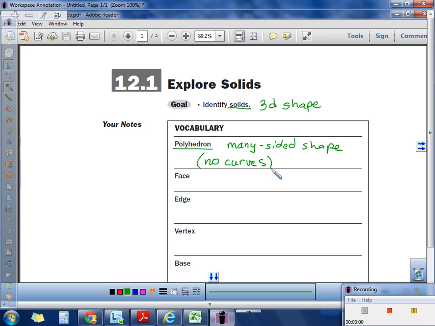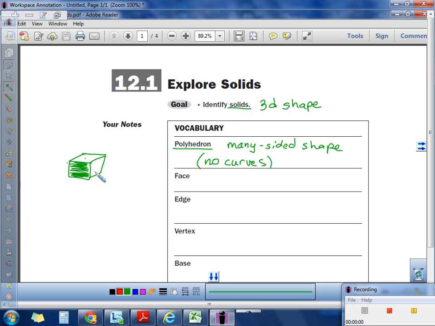All right, after that we have faces, edges, and vertices. These three kind of go together. If you have a shape that looks like this, and it's kind of an ugly cube, but we can talk about its faces, vertices, and edges. So a face would be like this shape right here. This shape on the front would be one face.